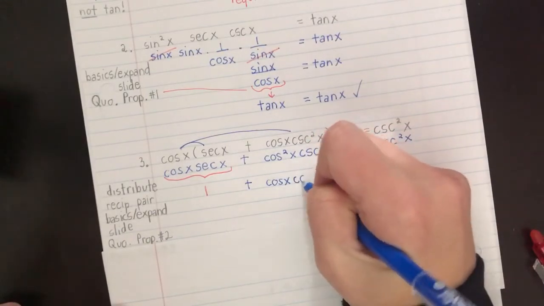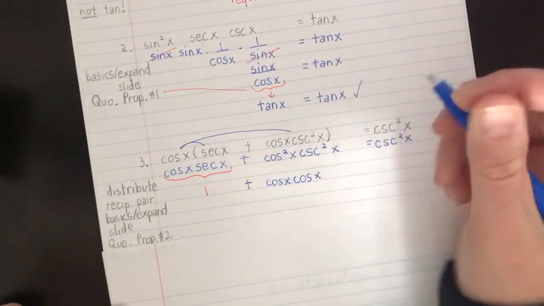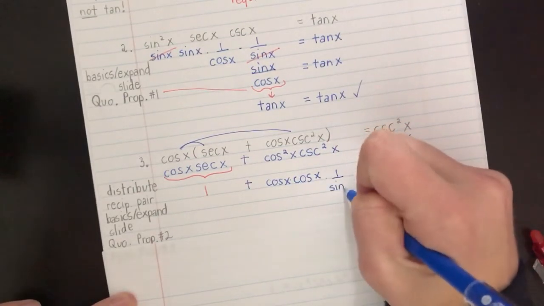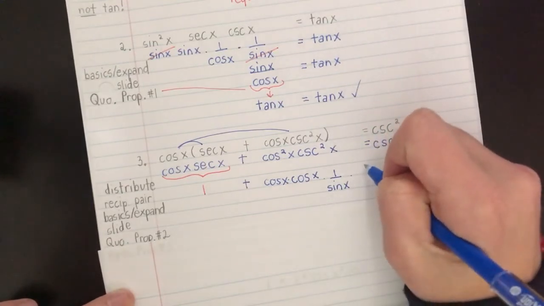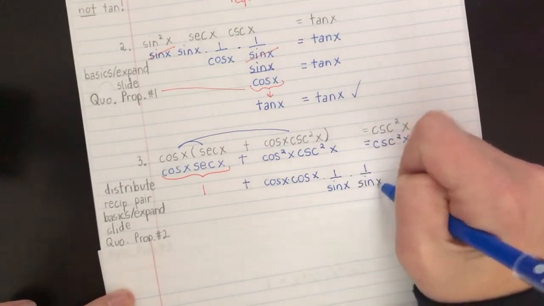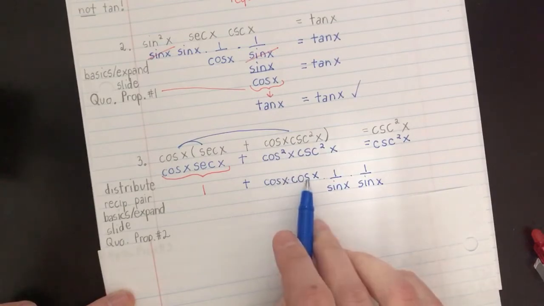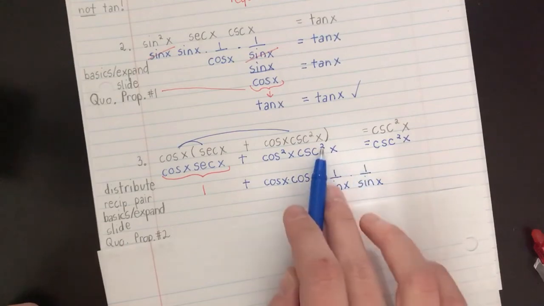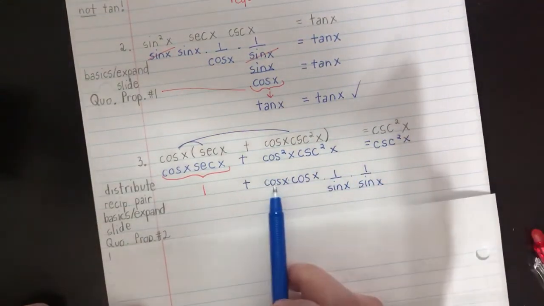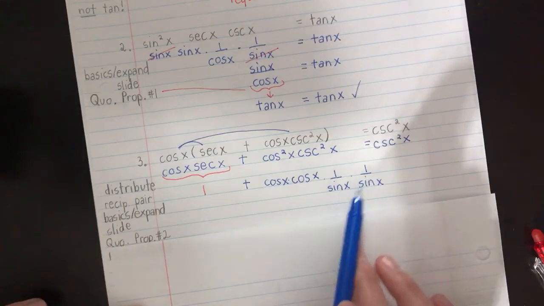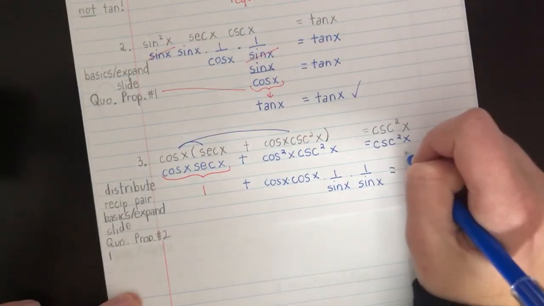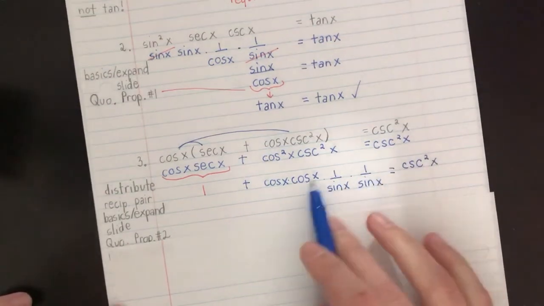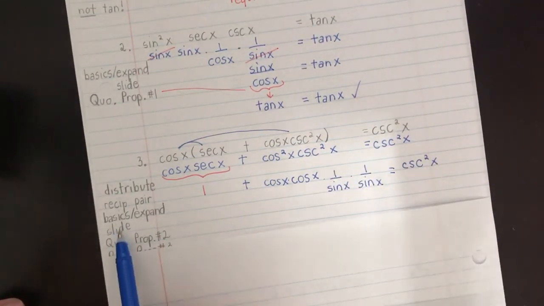Cosine x times cosine x, times 1 over sine of x times 1 over sine of x. Because cosine squared means I've got 2 cosines. Cosecant, remember, is 1 over sine. So 1 over sine times 1 over sine because it's squared. So then I've expanded. Does anything simplify here? No, I do need to drag down the cosecant squared of x. No, nothing simplifies out, but now I want to slide back.